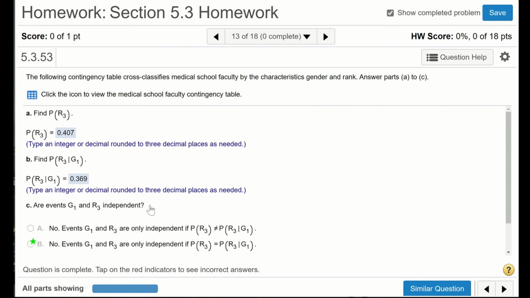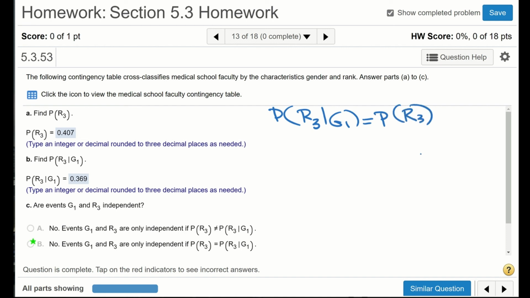Now notice that those events would be independent if the probability of R3 given G1 would be the same as the probability of R3.